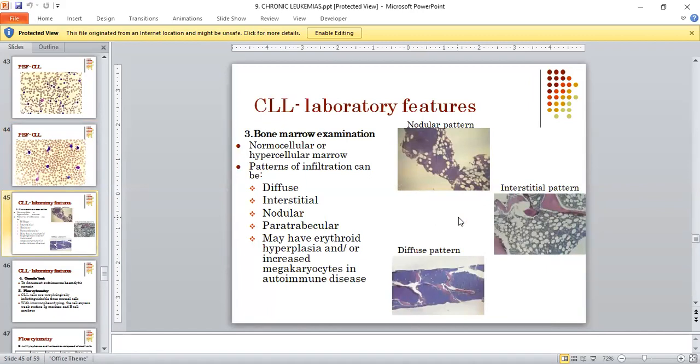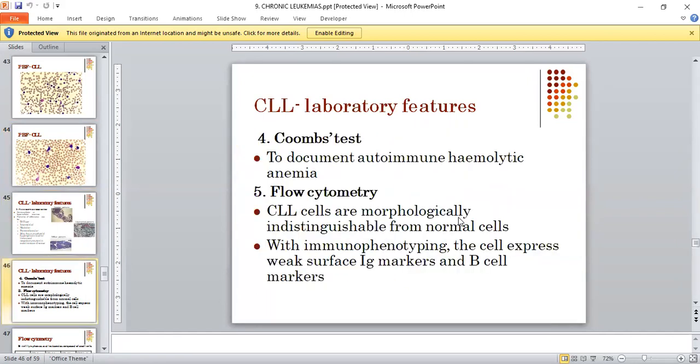Bone marrow aspiration can show normal cellular or hypercellular marrow, and the patterns of infiltration can be diffuse, interstitial, nodular, paratrabecular.